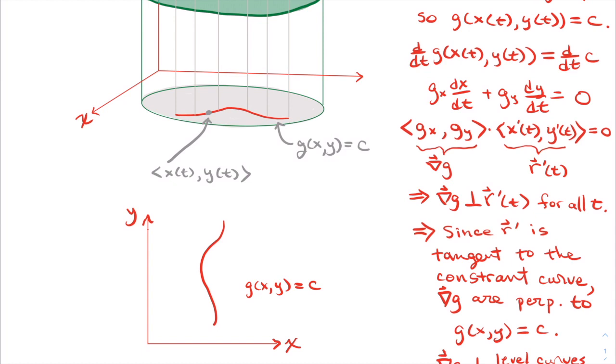The only thing I wanted to bring out again is this statement of the gradient of g being perpendicular to this level curve of g. So gradients will always come out like this.